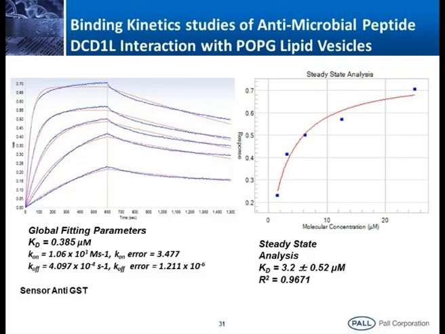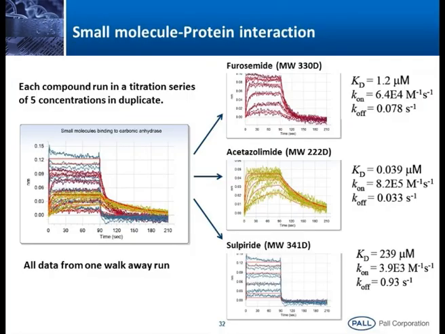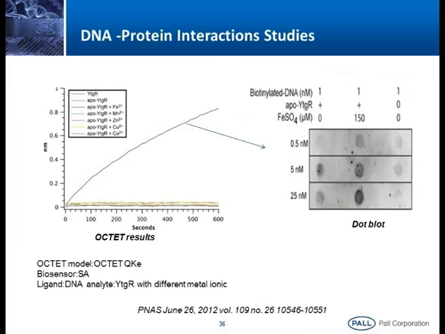This is lipid vesicles with respect to peptide. These are once again small molecule protein interactions. This is a DNA protein interaction study. In this example, the biotinylated DNA was immobilized onto the streptavidin sensor, then the apo-YTGR protein was added in the presence of ferrous sulfate, and you can see there is binding.